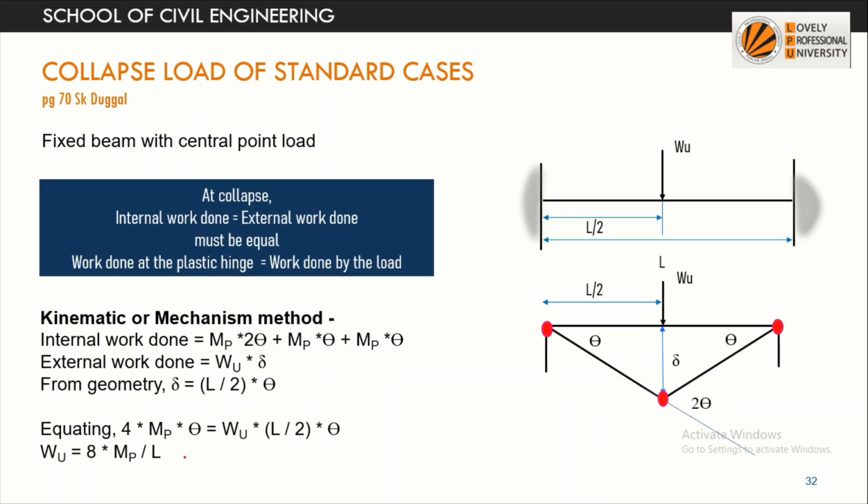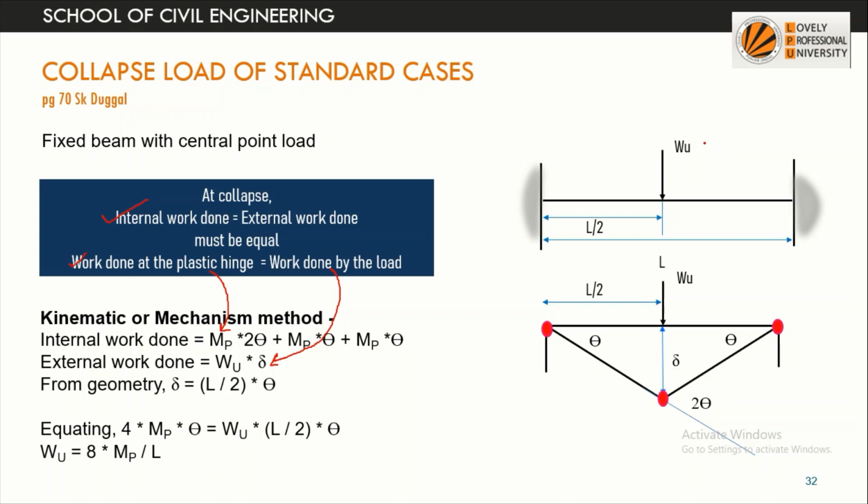The same question using the kinematic method. We know that at collapse, internal work done should be equal to external work done. This is the virtual work principle. Work done by a plastic hinge is Mp into theta, and work done by the load is load into displacement.